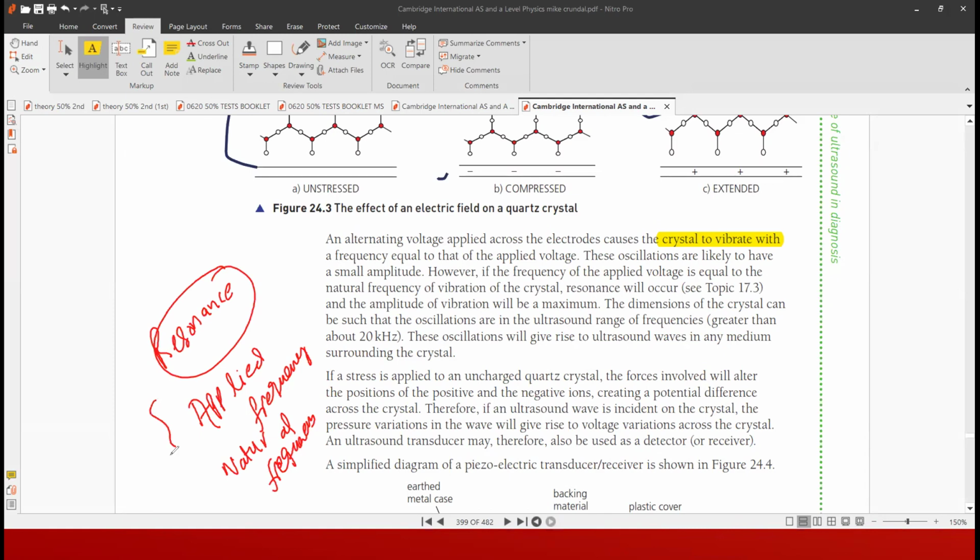Then the object oscillates with maximum amplitude, sorry. And that phenomenon is known as resonance. So when the applied voltage frequency becomes equal to the natural frequency of the quartz crystal, then due to that maximum amplitude, ultrasounds are produced, which enter the body.